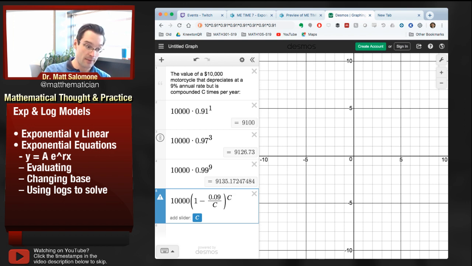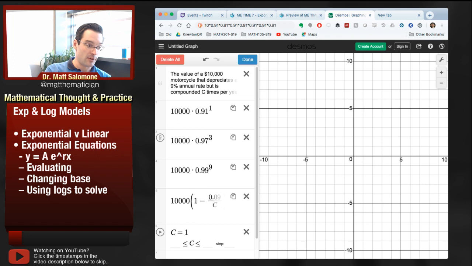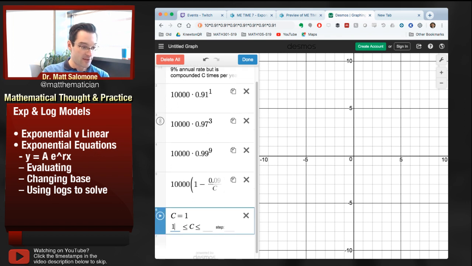So this is the fraction that I end up with when I'm compounding C times per year. And now Desmos is going to let me make a little interactive slider here that can let us see what's going to happen to this thing as I crank it up. I'm going to try to crank it up all the way to a situation where I'm compounding it once per day.